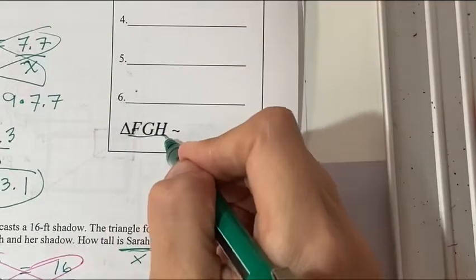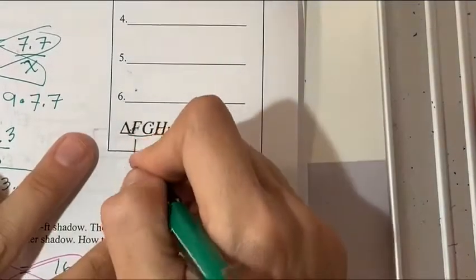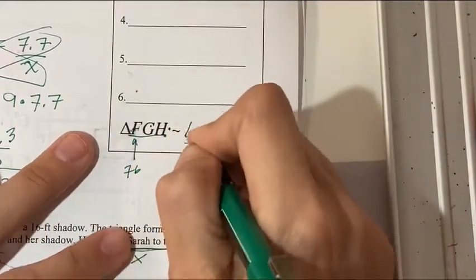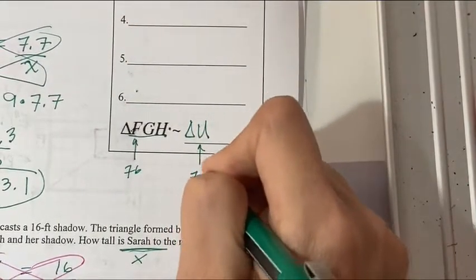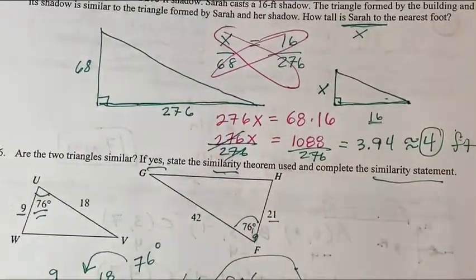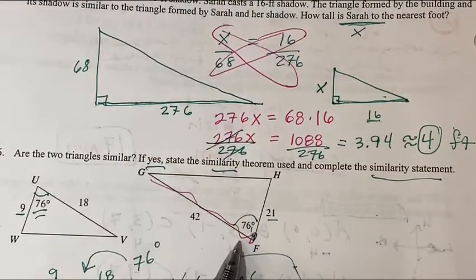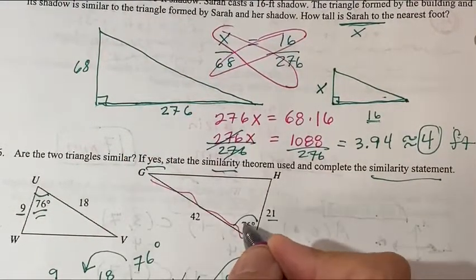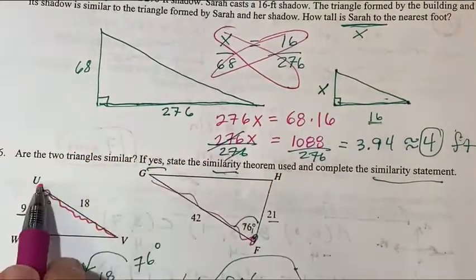So we have to name it, and they already named the bigger triangle FGH. Angle F is 76, so we have to make sure we use the letter U because it is also 76. Now let's find the next corresponding side. They named it FG, so that's the longer side. We have to start at the 76 and go across the longer side, so we name that UV.